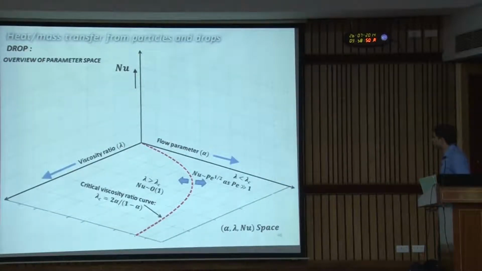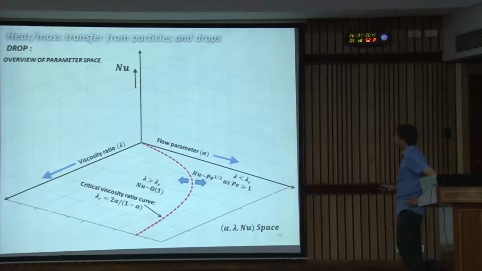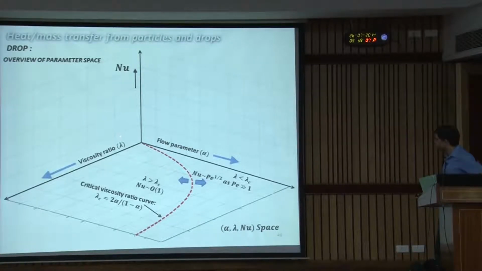So if I want to summarize this, I have Nusselt as a function of the flow type and the viscosity ratio, okay, and I can draw a critical curve here, the critical viscosity ratio curve, which is this. Okay. On one side, if the viscosity is greater than this critical value, I will have closed streamlines, okay, and if I am on the other side, I will have open streamlines. Okay.